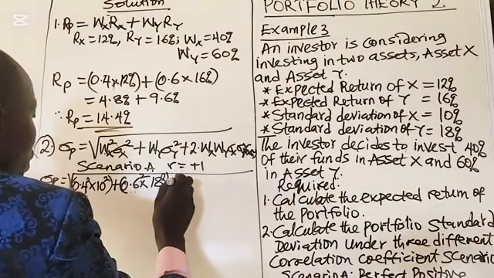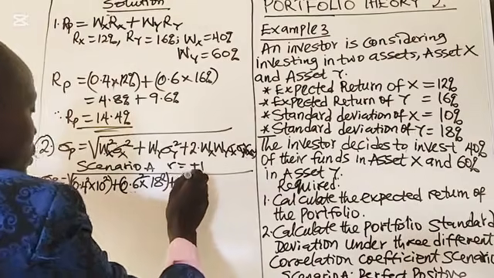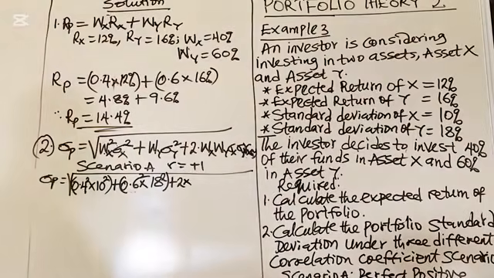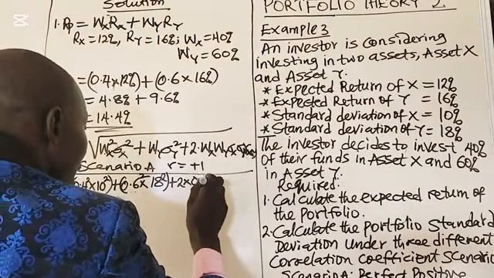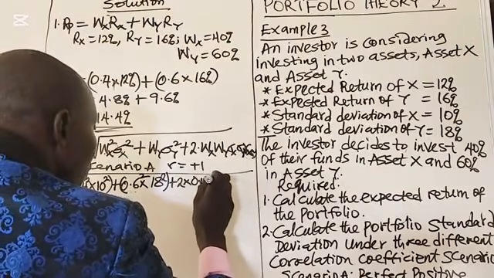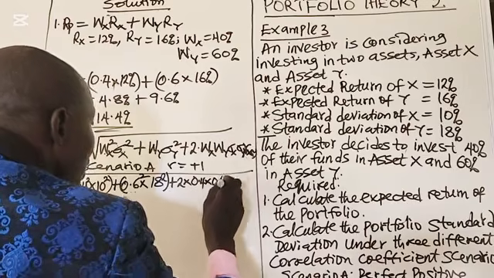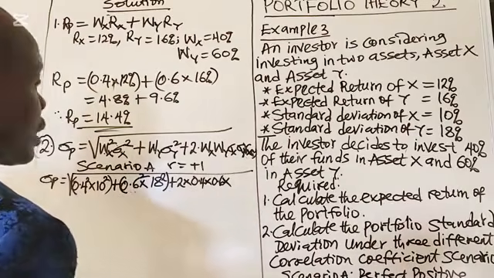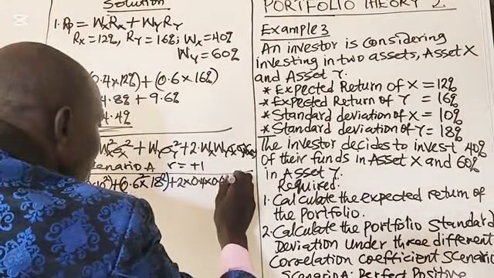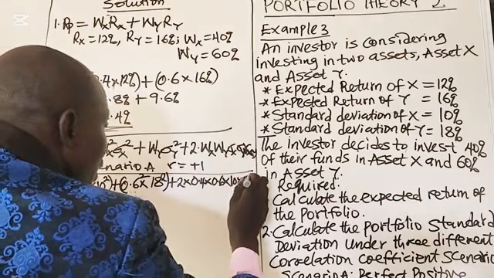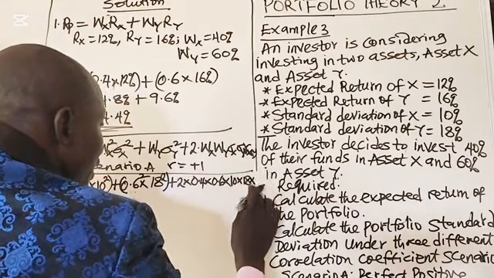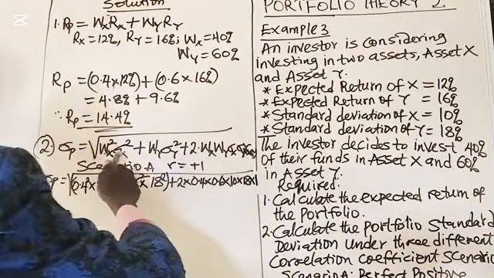plus 2 times the weight of X, which is 40%, times the weight of Y, which is 60%, times the standard deviation of X, 10, times the standard deviation of Y, 18, times the correlation coefficient, which is 1.